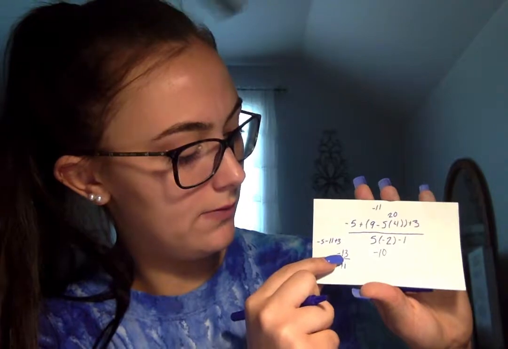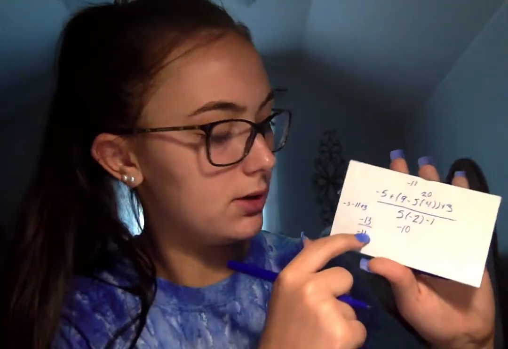And then on the denominator, you're going to do negative 10 minus 1, because that's what we got. Negative 10 minus 1, and that is going to be negative 11. So overall, you're going to get negative 13 over negative 11. But since they're both negative, it's going to equal positive. So it's going to be positive 13 over 11.